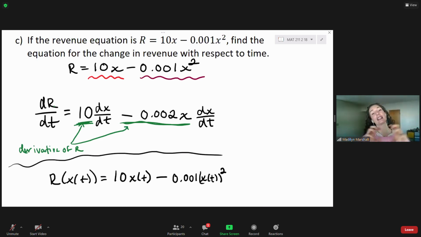It's relating these two ways that the variables change with each other, which is a really important part of calculus. Calculus is all about how things change together. We have this equation that still has an x in it, but all of the rest of our variables are rates of change.